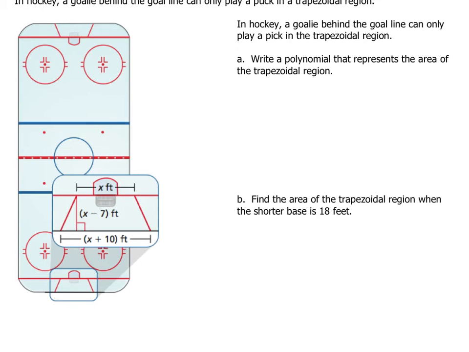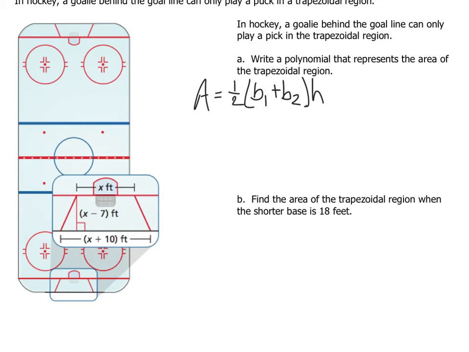So if you remember from the past, the area of a trapezoid equals 1/2 base 1 plus base 2 times the height. Remember, there are 2 bases in the trapezoid. That's the parallel lines that are the bases.